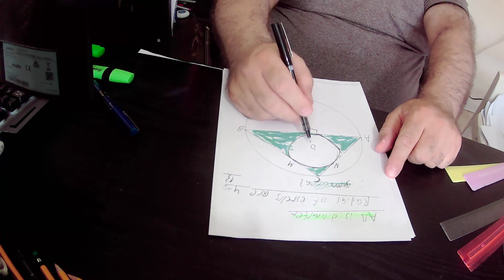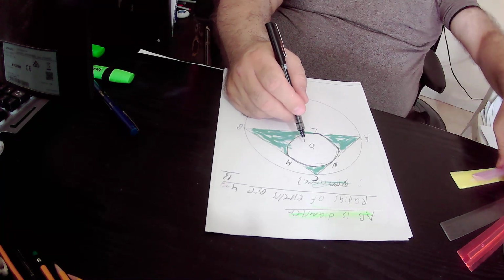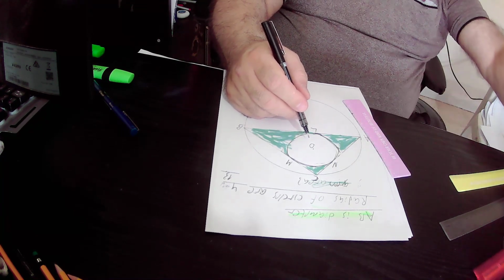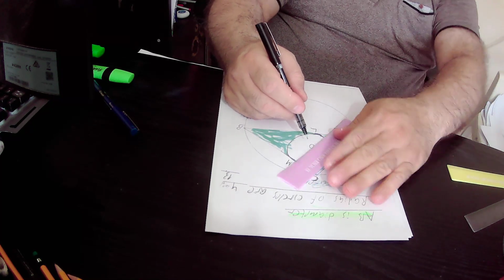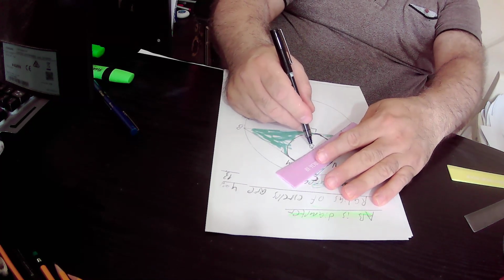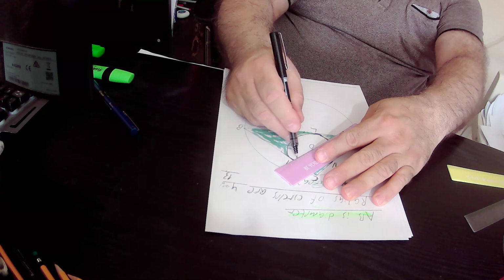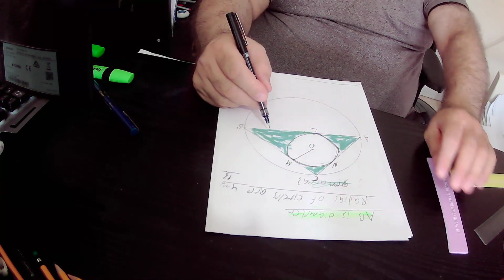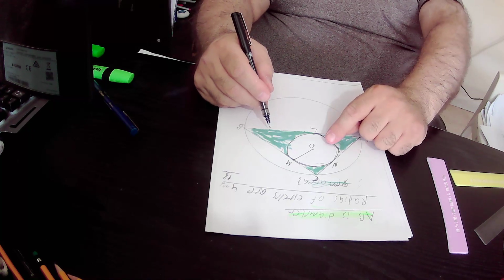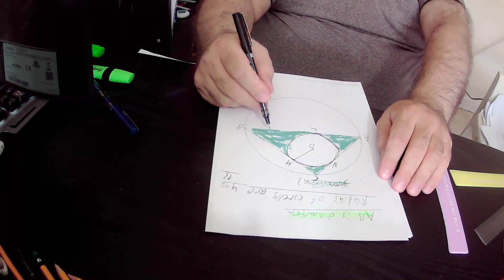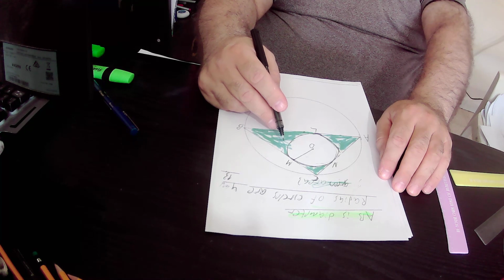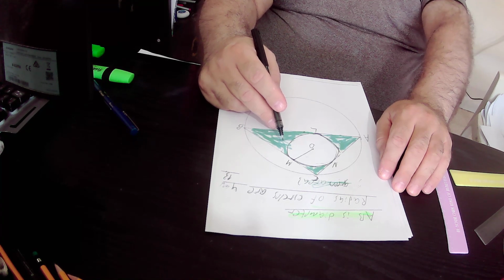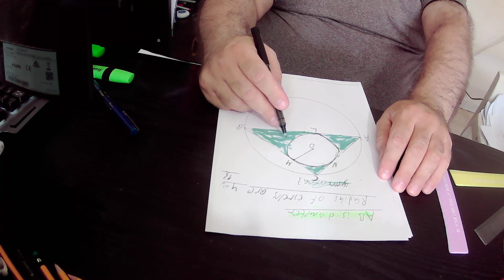Here we'll join points O and M together by a straight line. So O is the center of the small circle, M is a point on the small circle itself, and this is exactly the definition of a radius.